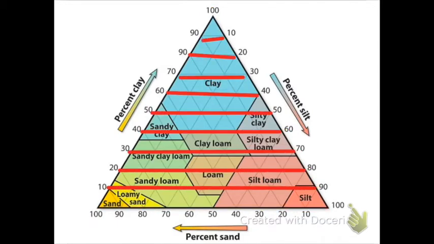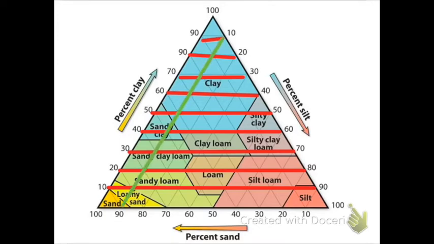Okay, let's do silt next. Silt is found in the lower right-hand corner, and you can see that that's where 100% silt occurs. And just like the other side, on the right hand, we see that percentage of silt increases as you move down the triangle. So here's where the silt lines actually occur.